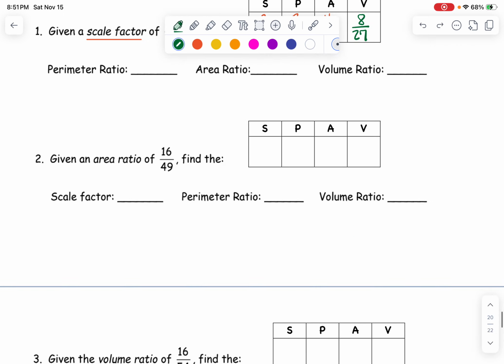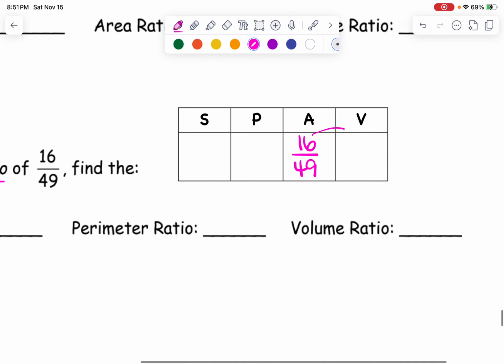All right. I'm going to give an example from each spot. What if we were given the area ratio of 16/49? Again, we give you pretty friendly numbers, so you don't have to worry too much. Everything's going to be a perfect square or cube usually. So 16/49. Remember, you can't go directly up here. You have to go backwards first. And so we're going to square root, which gives us 4/7.